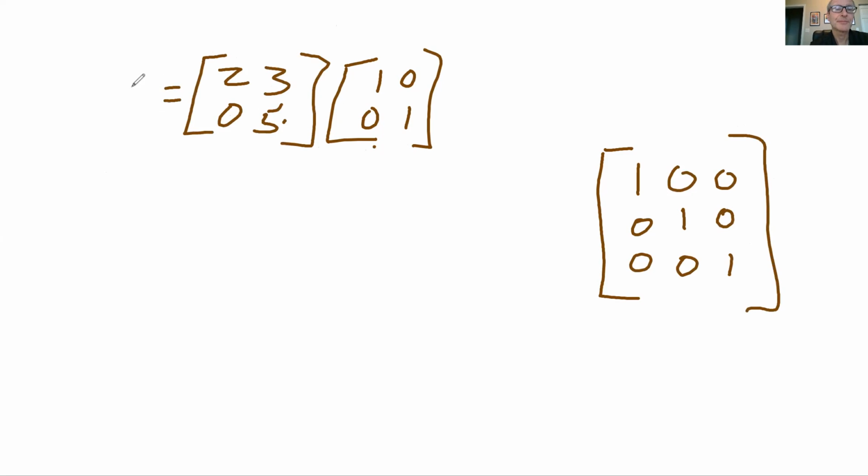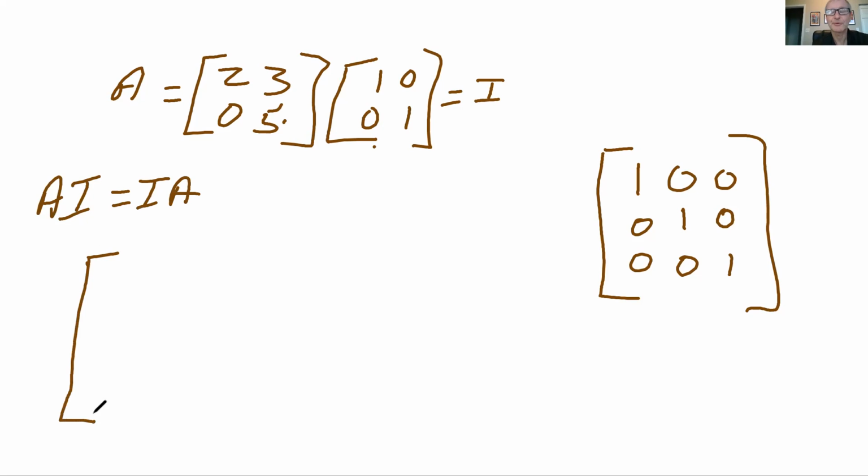If we call this matrix A and this matrix I, by our definition, you'll see A times I equals I times A. Now let me just show you how you calculate that again. A little bit of review here of multiplication. So it'd be first row times first column, and you'd see that's 2 times 1 plus 3 times 0.